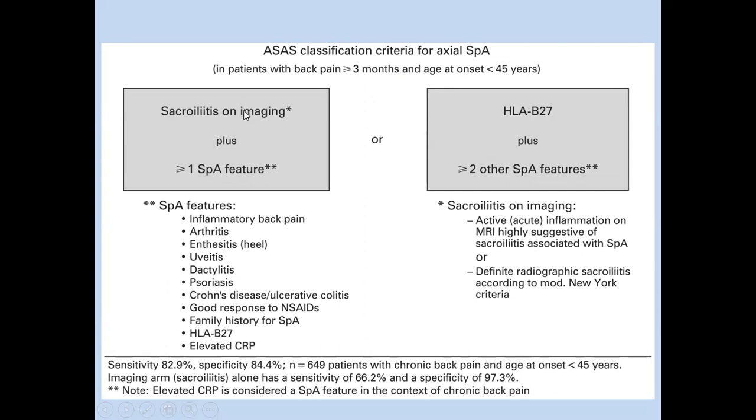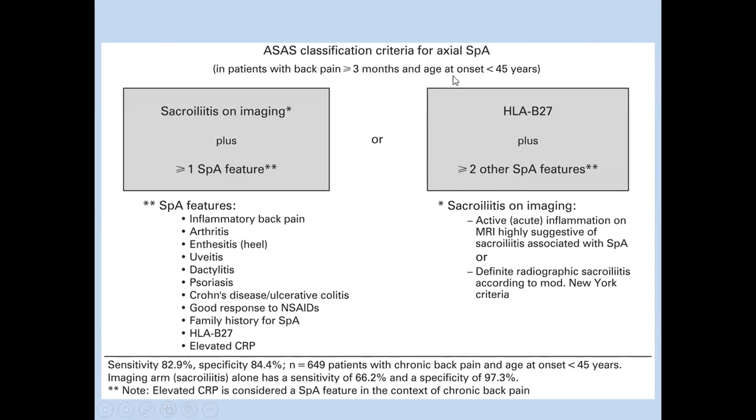If you go down the imaging pathway using radiographs and MRI, and the imaging detected sacroiliitis, then you only need one clinical feature to support the diagnosis. Any one of these here, even elevated CRP, is considered one supporting feature. You need one of them combined with sacroiliitis to call it SPA.